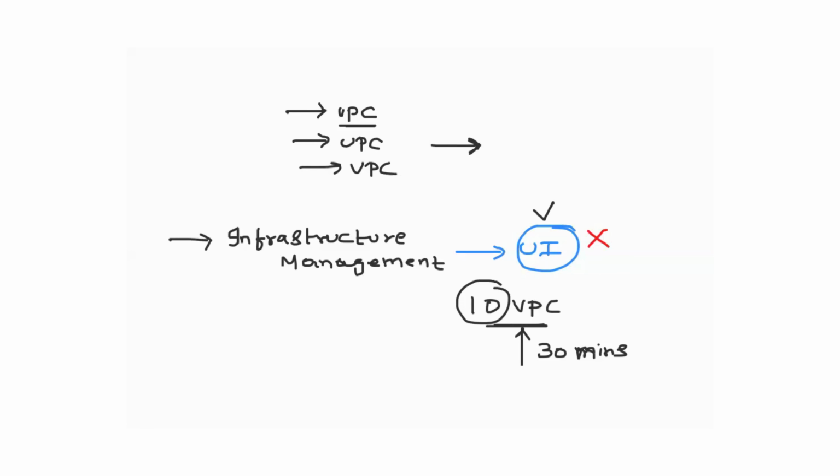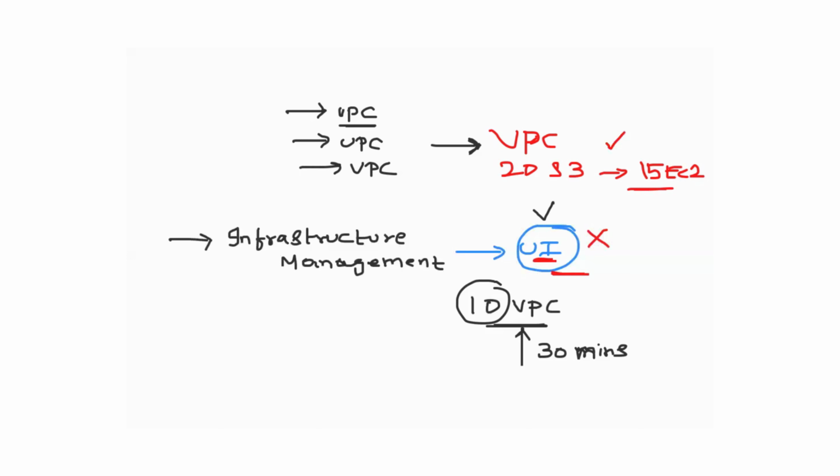As a DevOps engineer, you will get a lot of these requests. Someone might come to you and say, hey, we need 10 VPCs. Hey, we need 20 S3 buckets with this specific configuration. We want 15 EC2 instances. If you keep doing this same thing, logging into the UI, going to the specific project or region and creating resources through the UI, you will waste your entire day and not even be able to accomplish these activities.